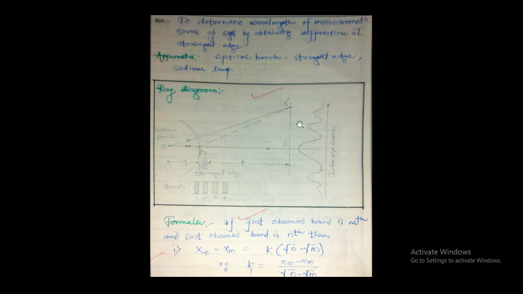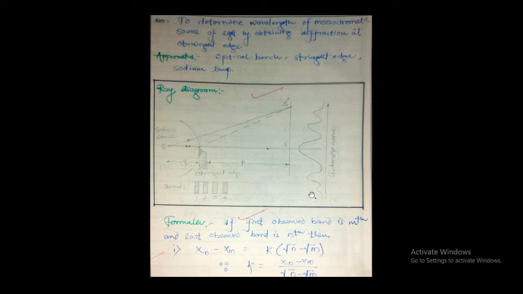Actually this graph or image pattern is called the intensity diagram. It is the plot of intensity versus angle of diffraction theta. The successive maxima and minima are obtained there.